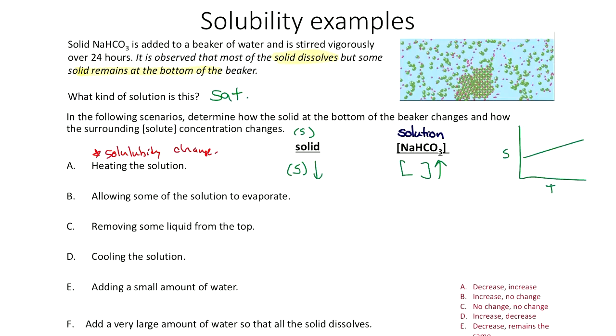Okay. All right, so now some more difficult ones. Allowing some of the solution or the water to evaporate. What's going to happen? Let's do the 100-100 example again. Let's say the solid is 10 grams. There's 90 grams of solid dissolved in the water, and there's 100 grams of water everything's dissolved in.